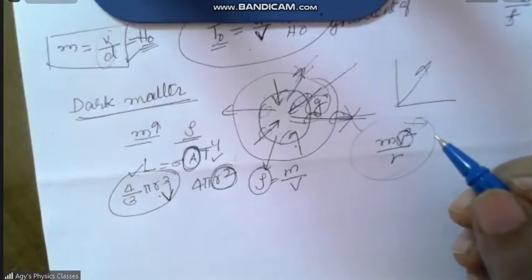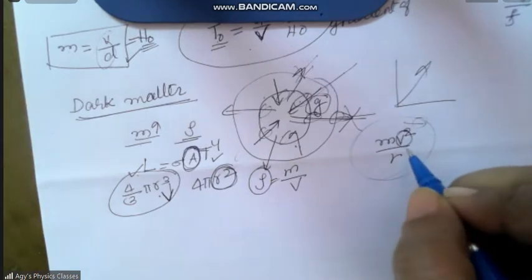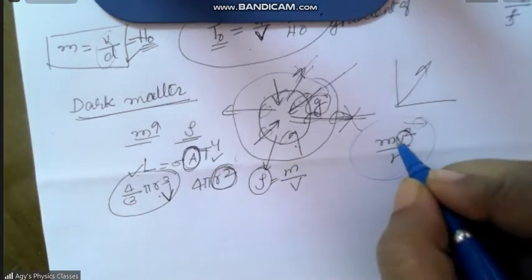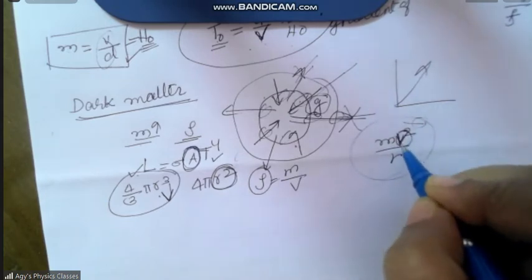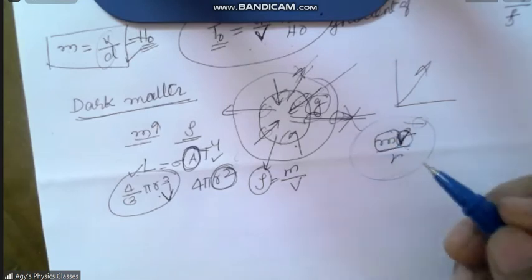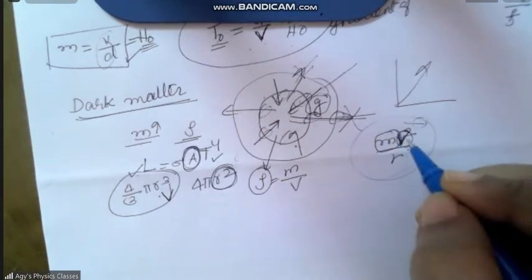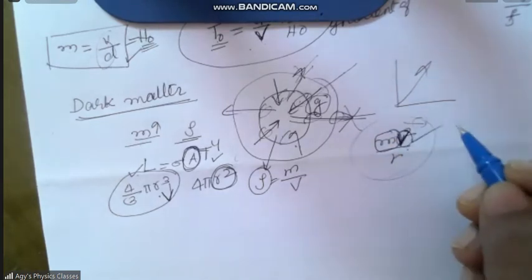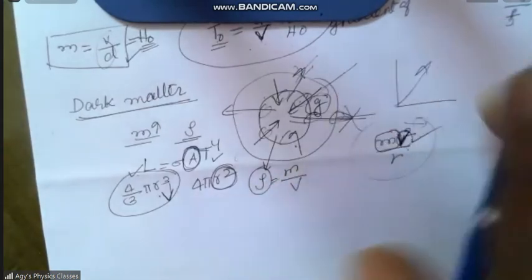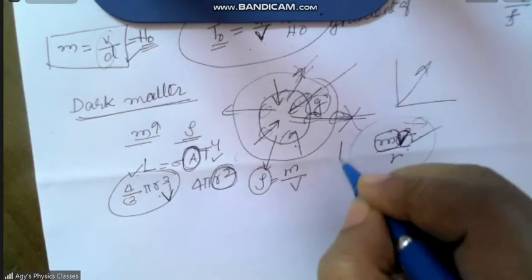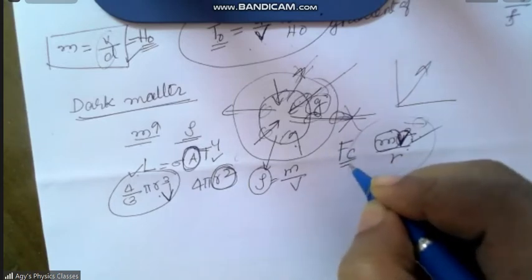When the astronomers measure the rotational speed of stars in the galaxies, they find that for a galaxy to have a certain speed, there must be a certain mass. We have found out the speed of the galaxy, and we know how much centripetal force is needed for a galaxy to rotate.